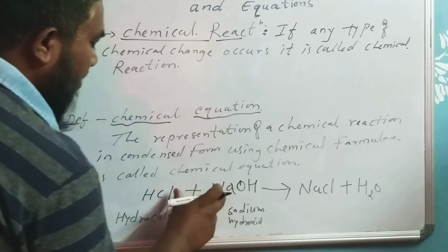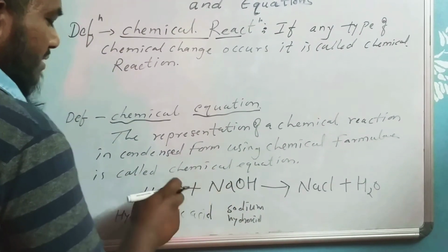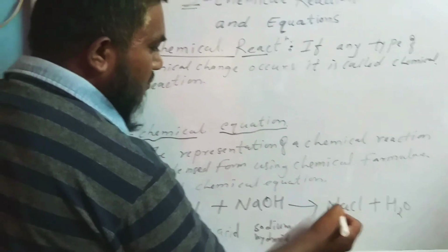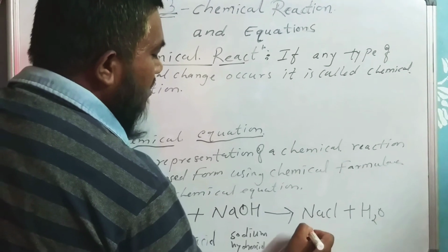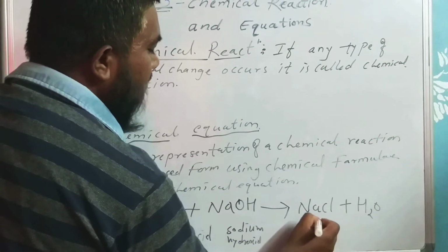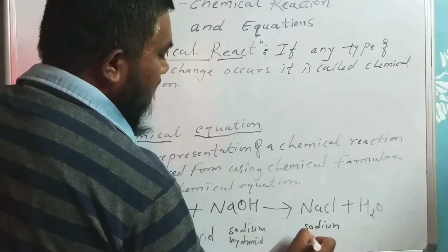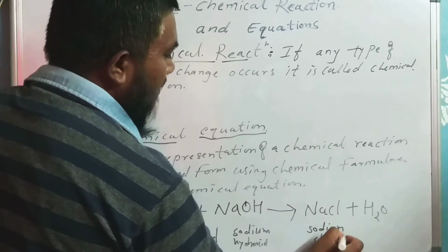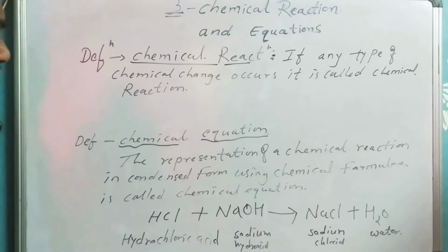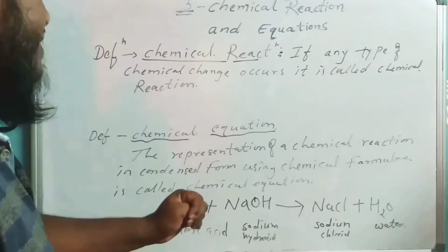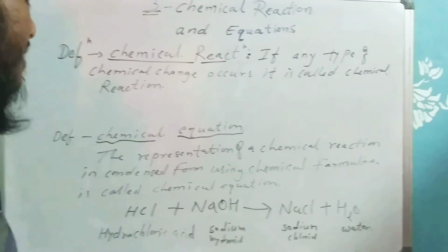When this acid and base mix with each other, they give salt plus water. NaCl means sodium chloride, and this is water. This is one type of reaction we have taken as an example, also called a neutralization reaction.